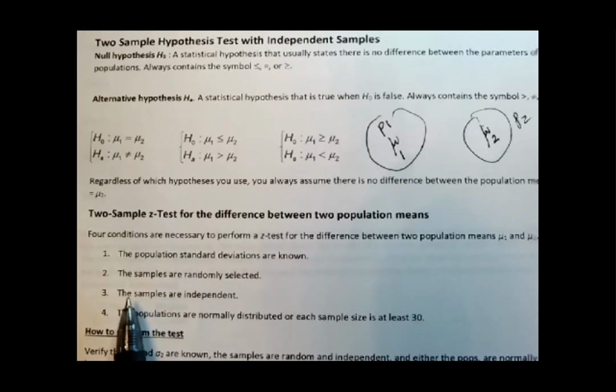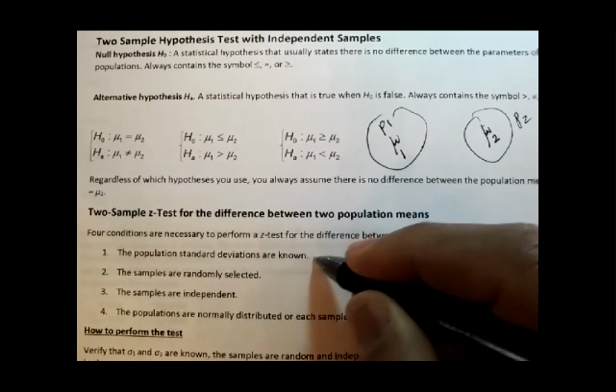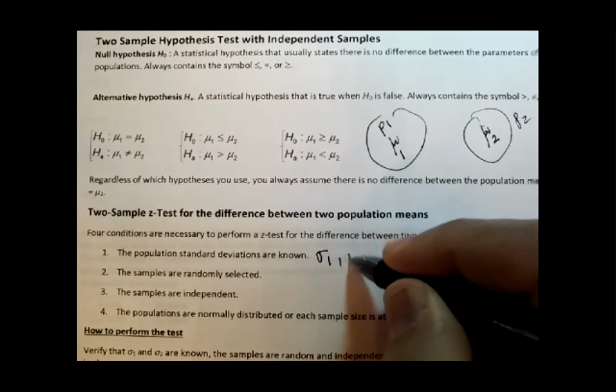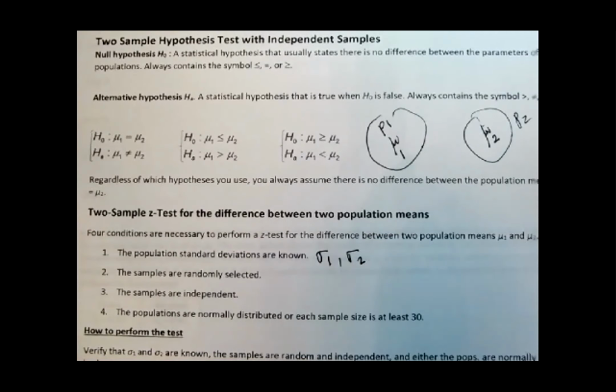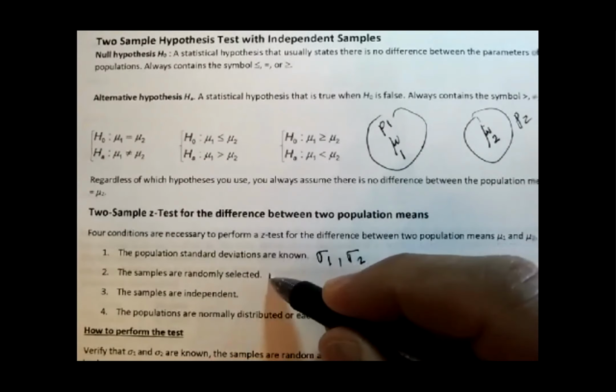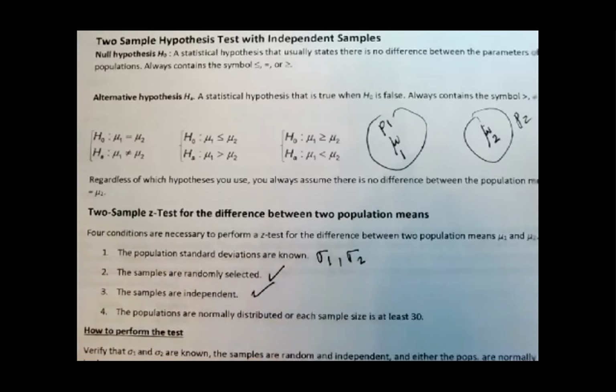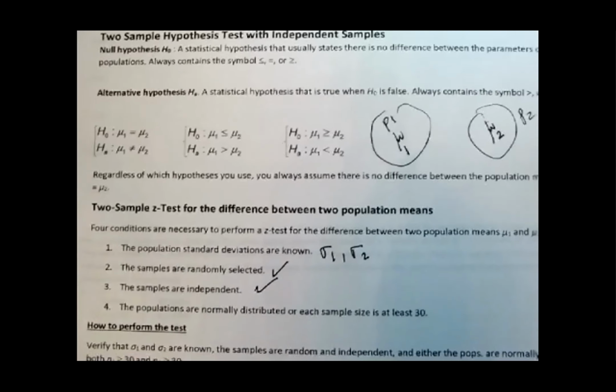So the conditions to perform a z-test. Population standard deviations are known. And what do we call the population standard deviations in this chapter? We call them sigma 1 and sigma 2. Samples are randomly selected. Samples are independent. That's why I introduced a definition of independent.